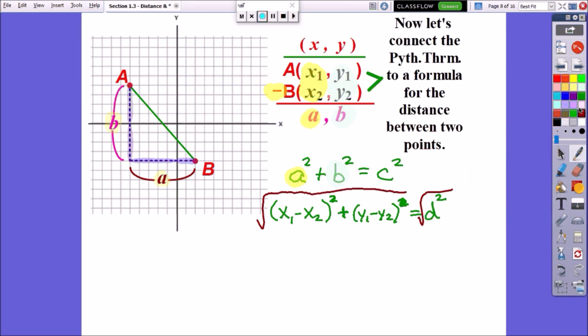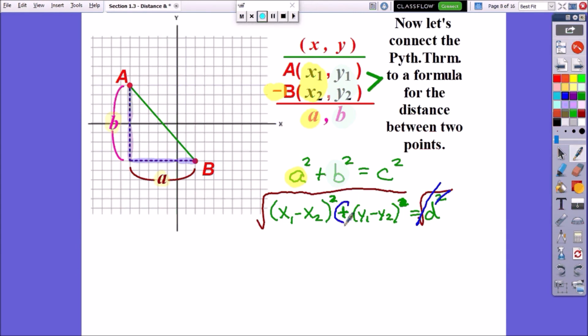Now, algebraically, here's where some people get tripped up. This squared cancels out with that square root. But, and this is where a lot of people want to make the mistake, a lot of people will see this square root and they'll go, hey, look, there's 2 squareds under here. So that square root's going to knock out both of them. And that is an incorrect mathematical statement.